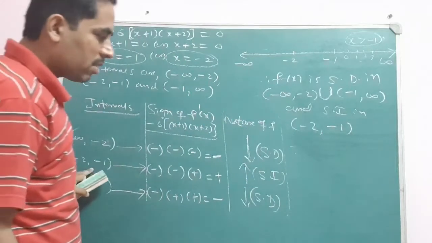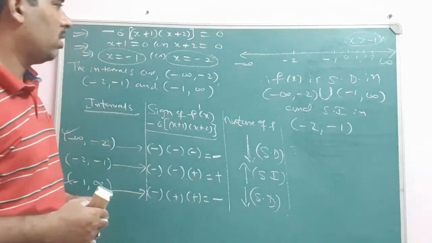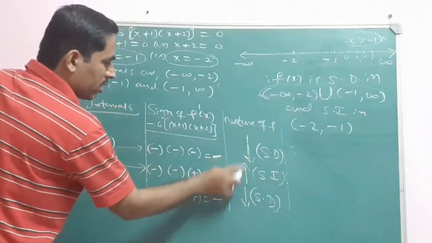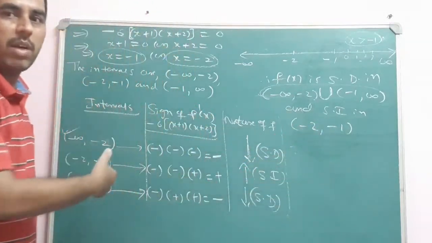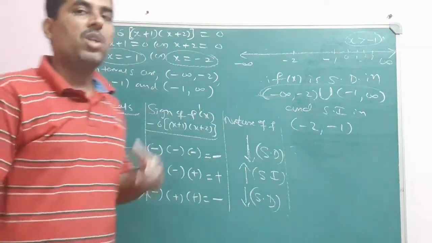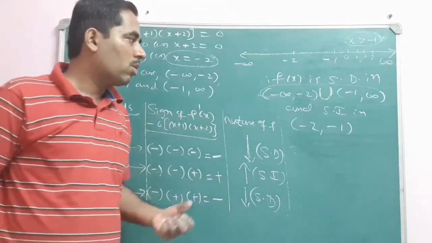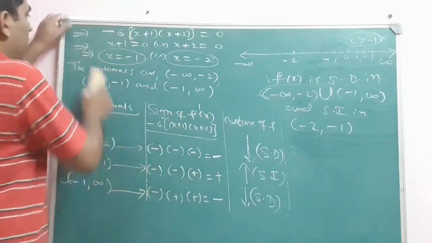In this interval it is increasing. So in this way we can find the intervals and check whether the given function is strictly increasing or strictly decreasing. So in this way we can solve the examples.